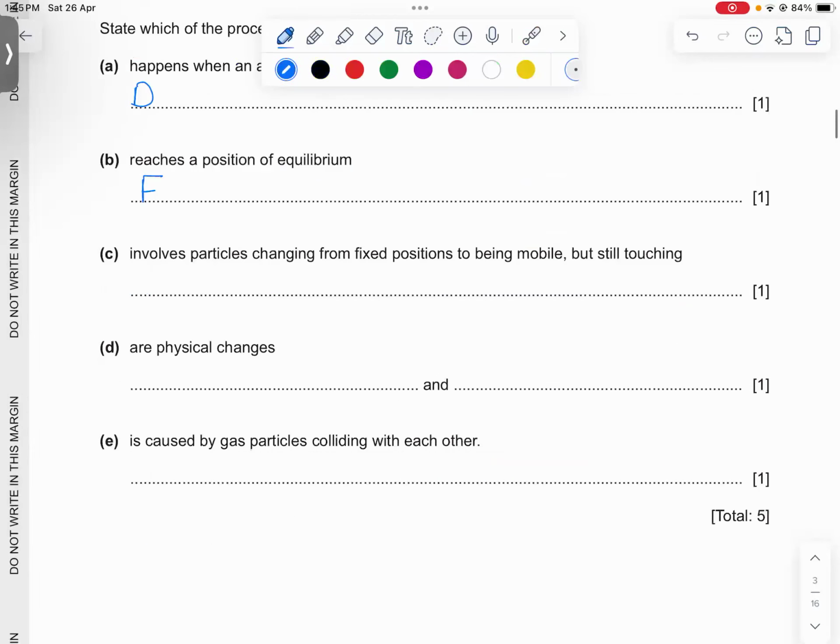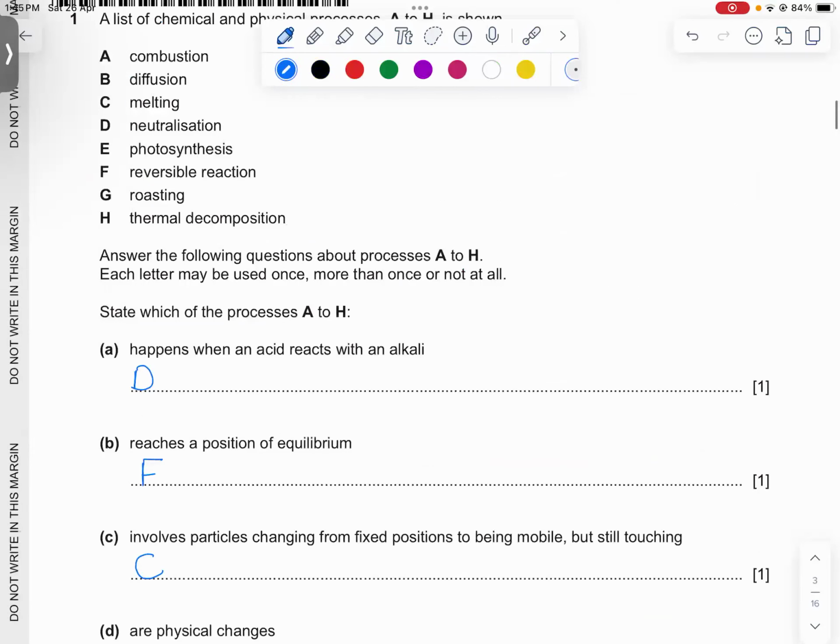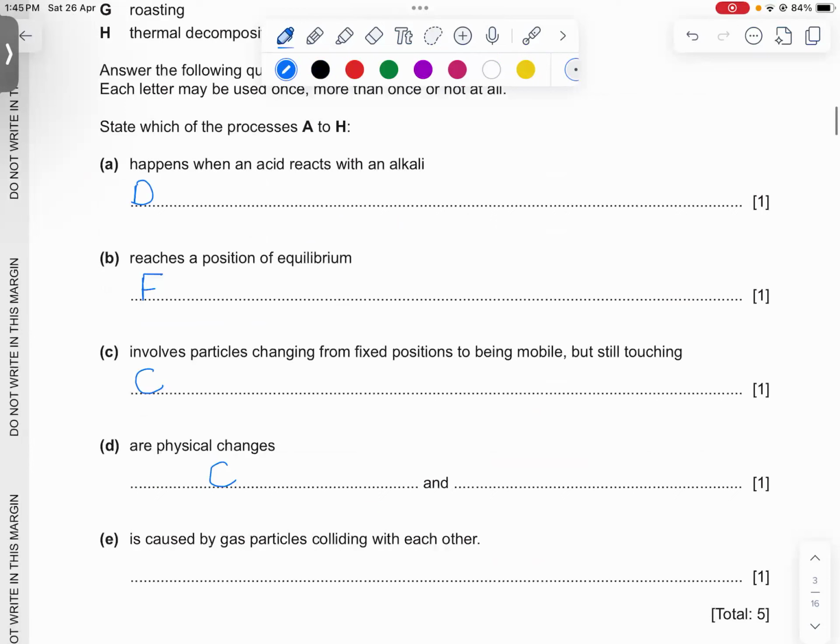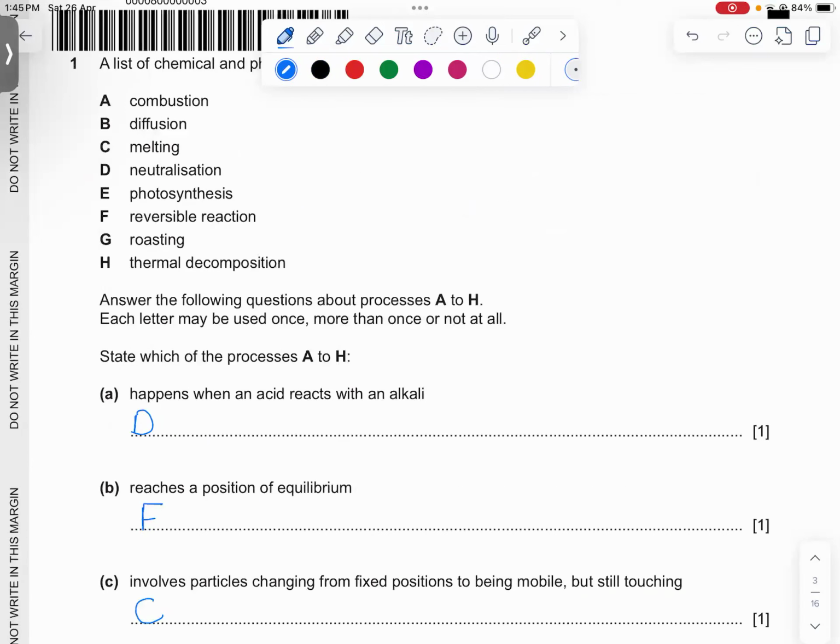Next are physical changes. So which of them are physical changes? Melting is a physical change, C. And which else is a physical change? Combustion is not a physical change.